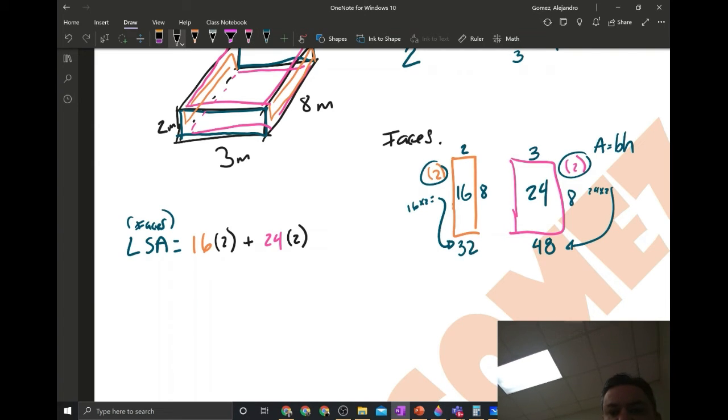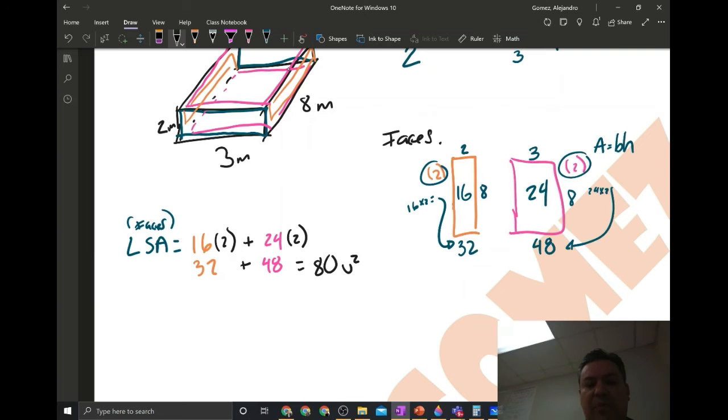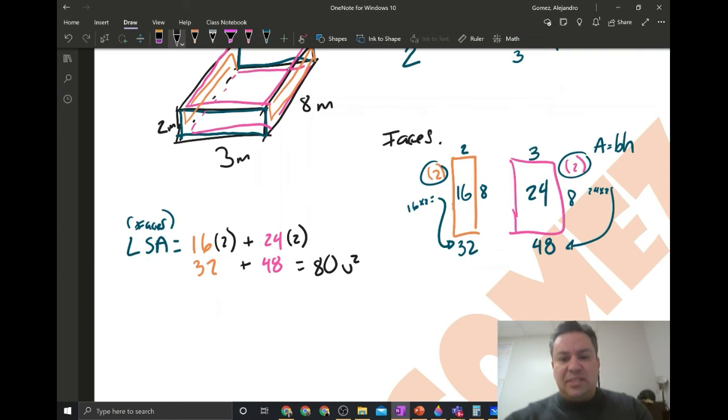So this is gonna be 16 times 2 is 32, plus 48. So my lateral surface area is going to be, all I gotta do now is add them, is 80 units square. So for the faces, not the bases, just the faces, this is gonna be 80 square meters. Put a U, but it's a M.